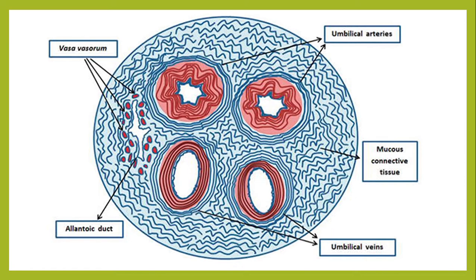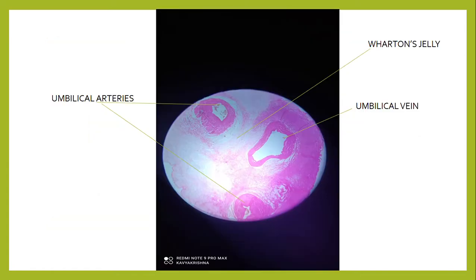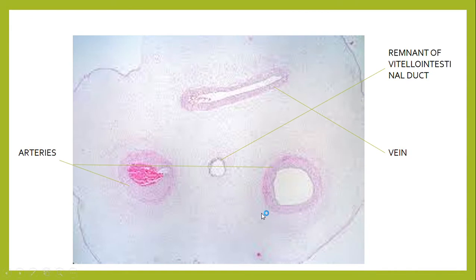The right and left arteries remain intact, while the right vein will disappear and the left will be maintained. So during the later stages of development, we can see the umbilical cord with two arteries and a single vein.